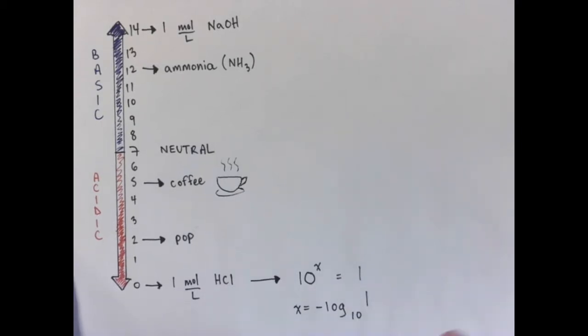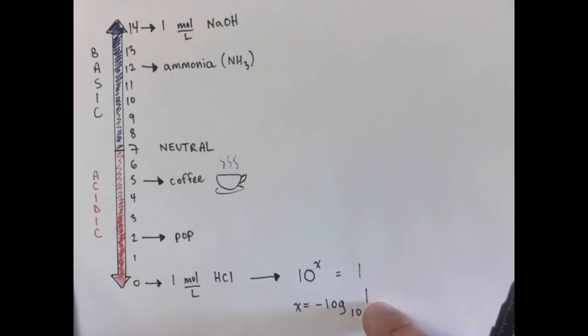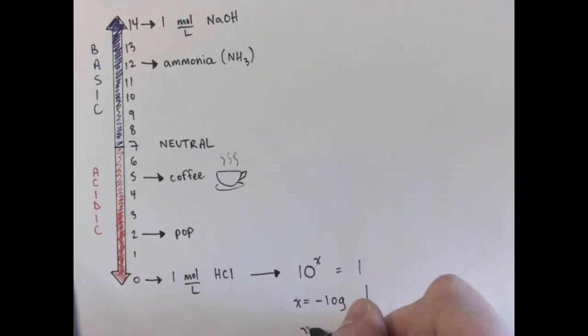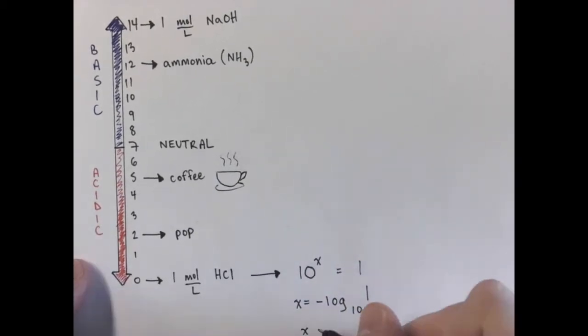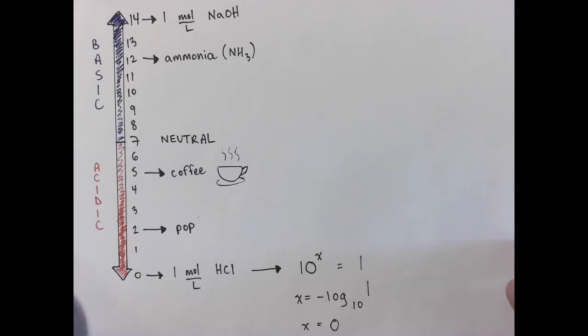And if you do this in your calculator, or maybe you can even do it in your head, there's a certain exponent that when applied to a base always gives us 1. And that exponent is, well, it's going to be 0. So X has to be 0, and since there's no such thing as negative 0 or positive 0, we just write 0.